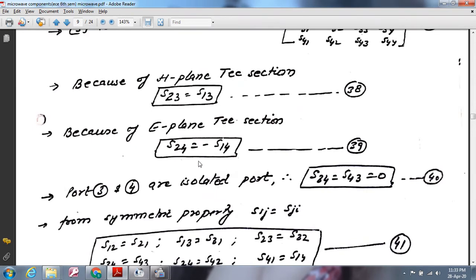That is why we are having the equation S24 equals minus S14. This is equation number 39.